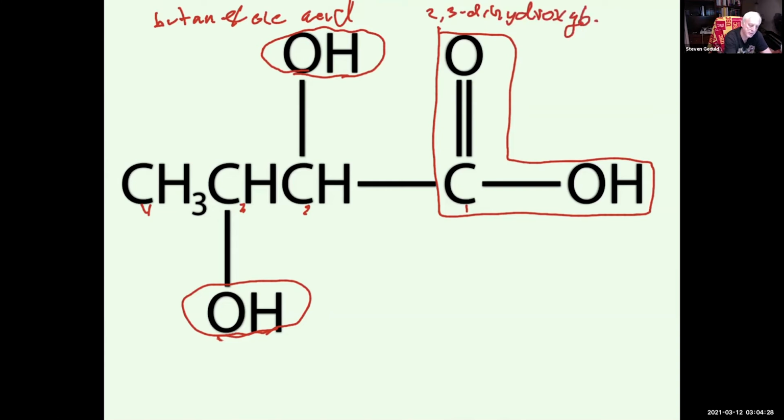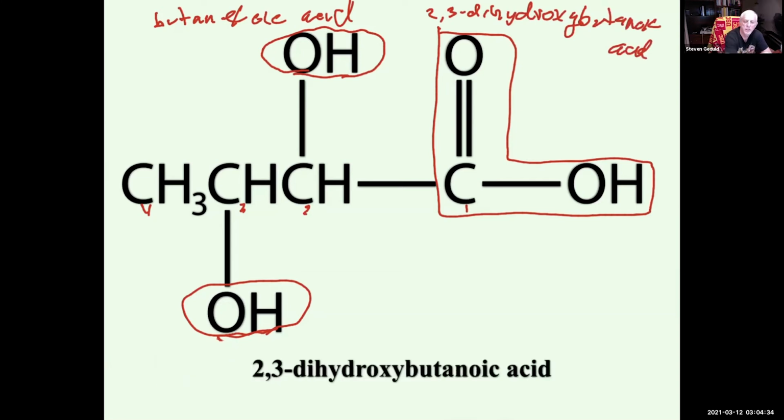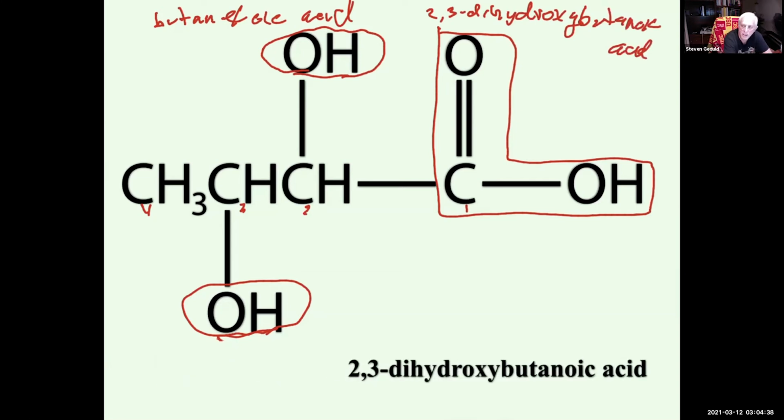And put the end of it on. 2,3-dihydroxybutanoic acid. So breaking it down, we have butanoic acid, 4 carbons, carboxylic acid, COOH at the end. And then we have 2 hydroxy groups, OH at 2 and 3.